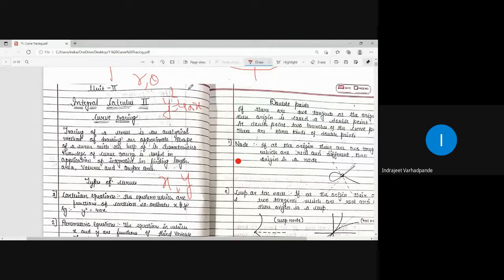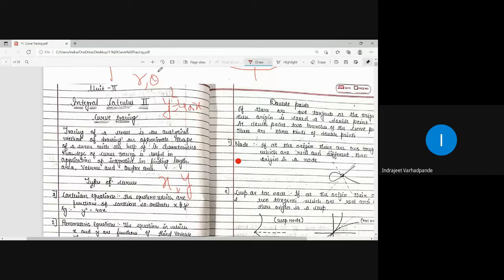The third form is the parametric equation, wherein both x as well as y are functions of a parameter, or a single variable, and those equations are identified as parametric equations.